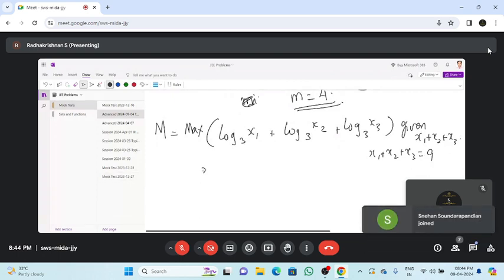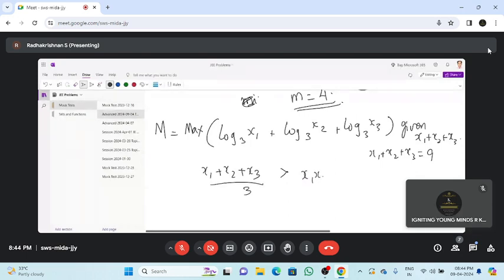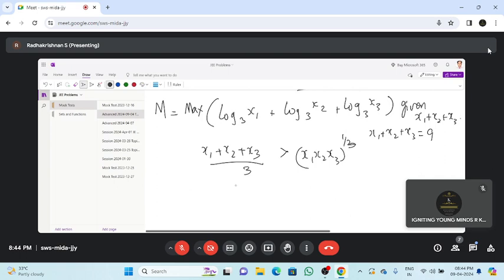So the concept is x1 plus x2 plus x3 by 3 is greater than or equal to the cube root of the product, right? Therefore, I will write it the other way. x1 x2 x3 whole power 1 by 3 is less than or equal to 9 by 3.